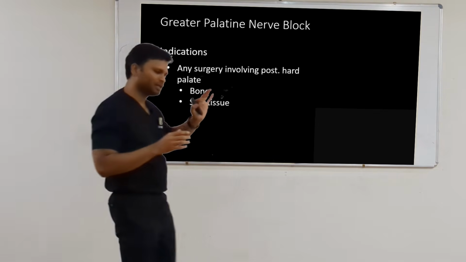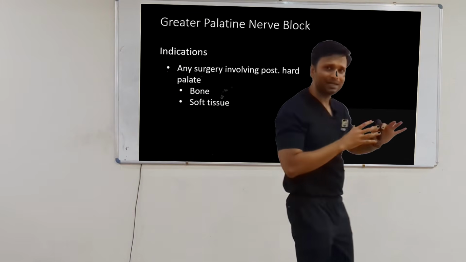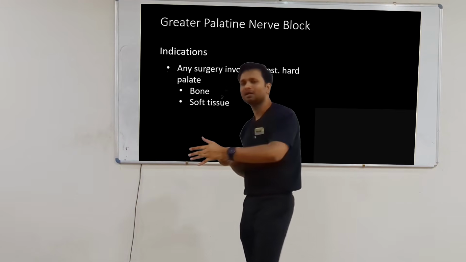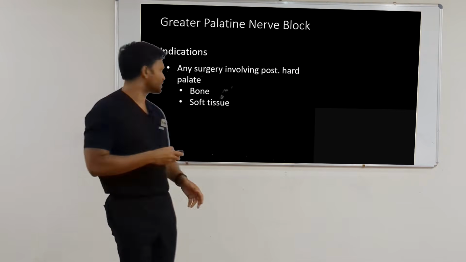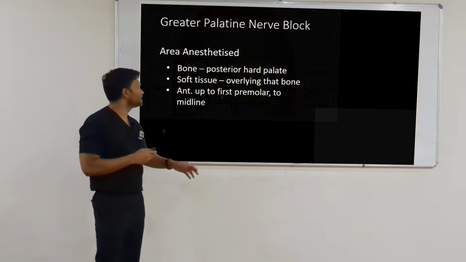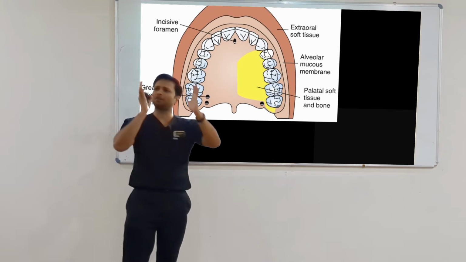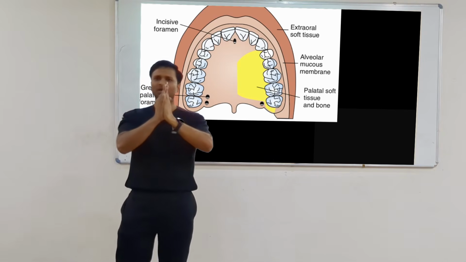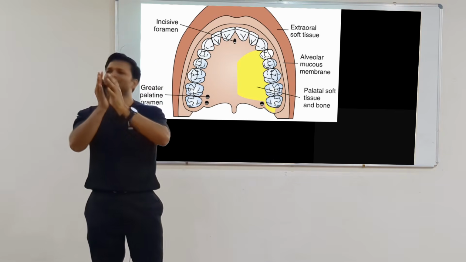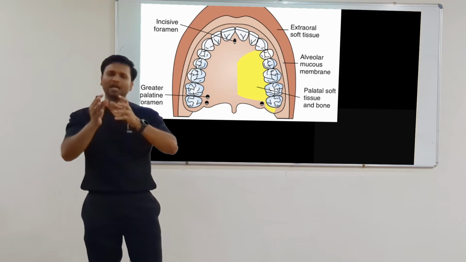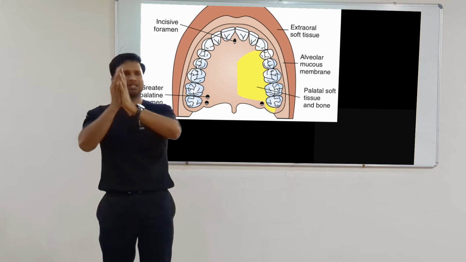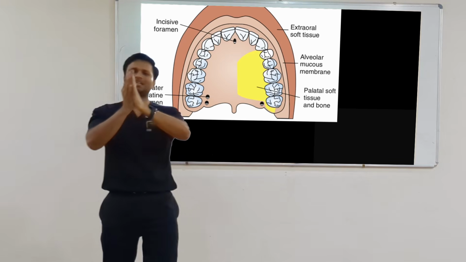Again, as I mentioned earlier, in the palate it is preferred to give a nerve block as compared to a local infiltration. I'll tell you the reason. If you have seen the palate, the soft tissue is tightly attached to the bone. So you don't have any existing space for local infiltration. If you are giving local infiltration, you are pushing that tightly attached soft tissue away from the bone.